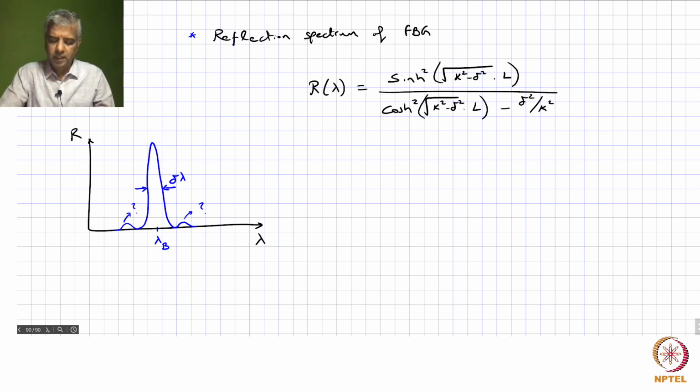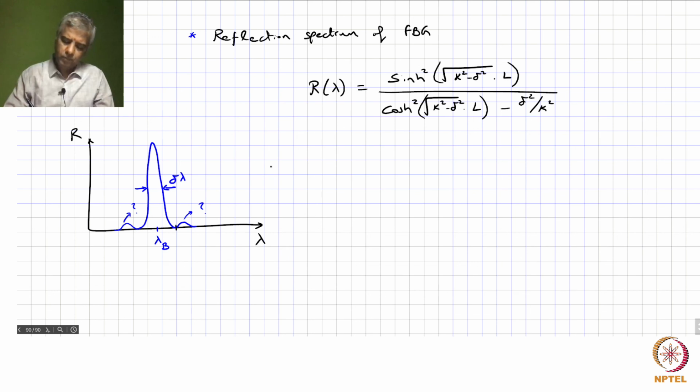First of all, let's get an estimate of what this width is, and to understand that, let's figure out where it goes to 0. At what wavelength does it go to 0? If the reflection spectrum is going to 0, then that corresponds to the case where this sinh function would have to go to 0.